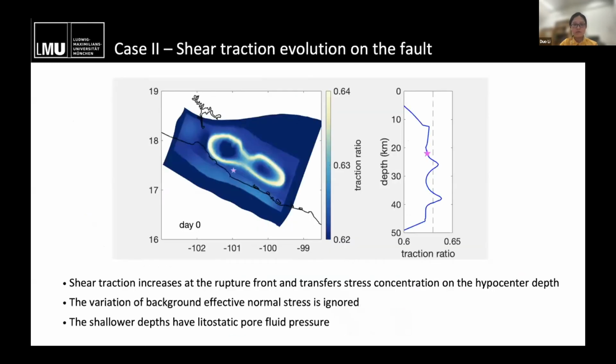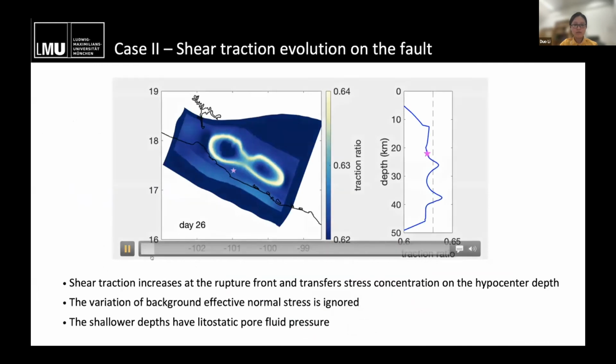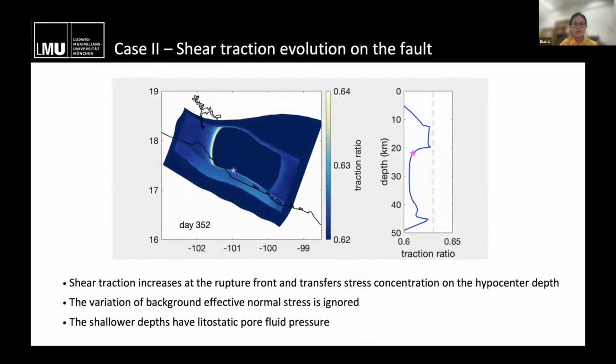So I will show this. The movie shows the variation of the ratio between shear and effective normal stress during one slow slip episode. So the star is the hypocenter of this 2014 earthquake.